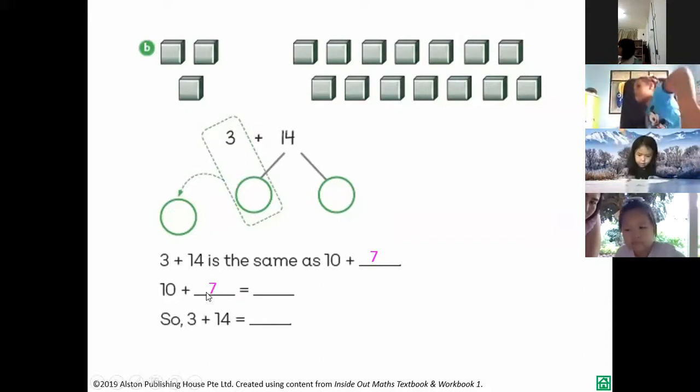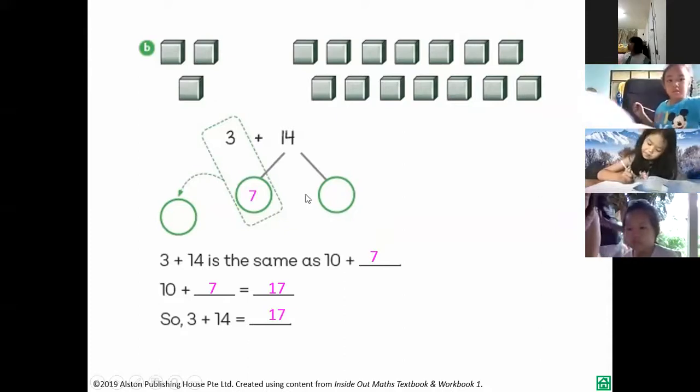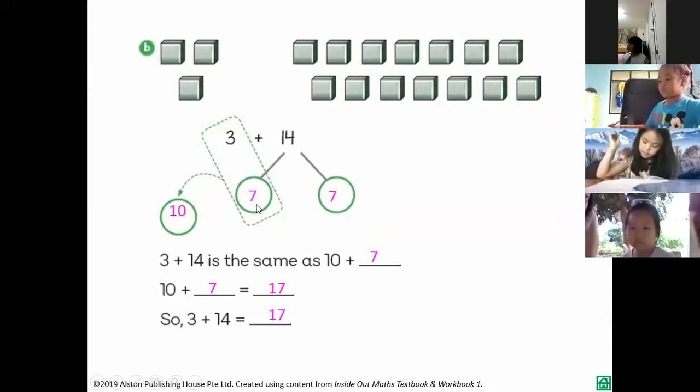So 10 plus 7 equals 17. So 3 plus 14 is 17. So the missing numbers here are 7, 7, and 10.